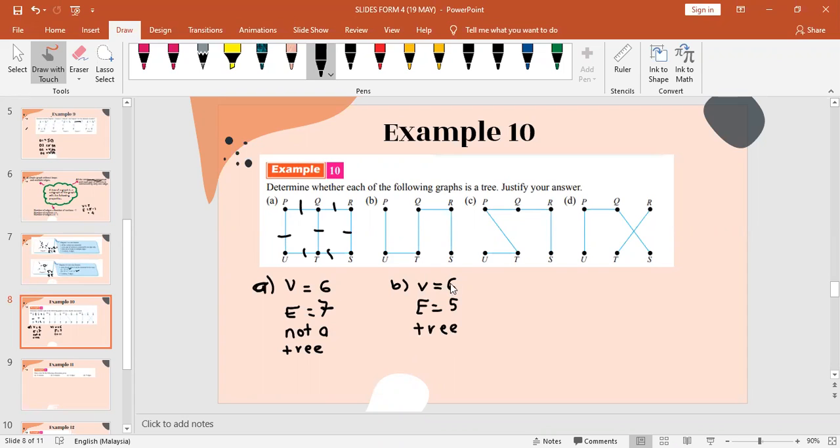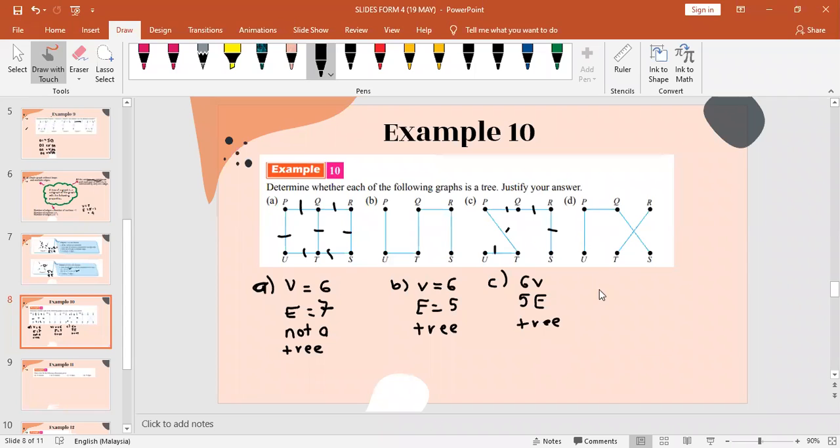Because we have 6 vertices, and then for edges, 6 minus 1 is equals to 5. Okay. So for C, we have 1, 2, 3, 4, 5, 6 vertices, and edges 1, 2, 3, 4, 5. 5 edges. So this is also a tree.